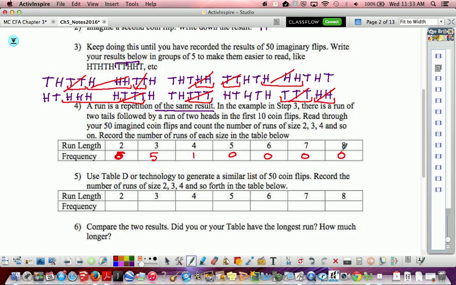Next run's a 2, okay. That would be a run of 4. Yeah, that would be counted as a run of 4.